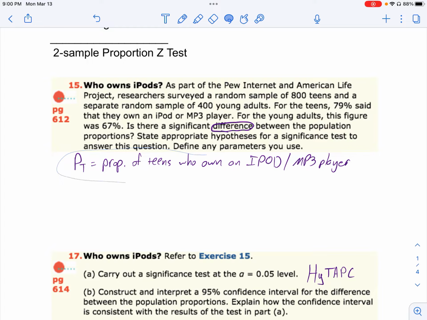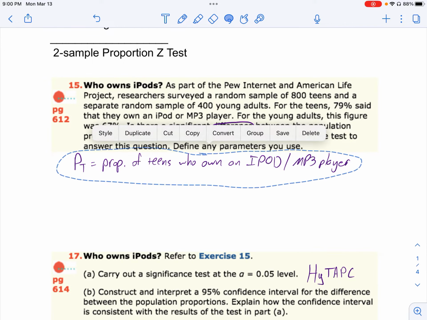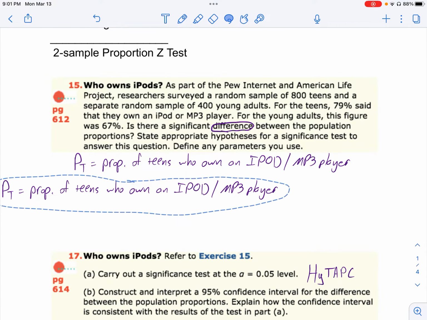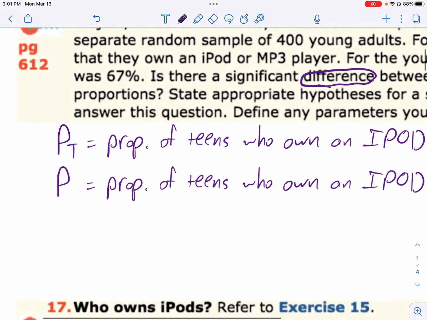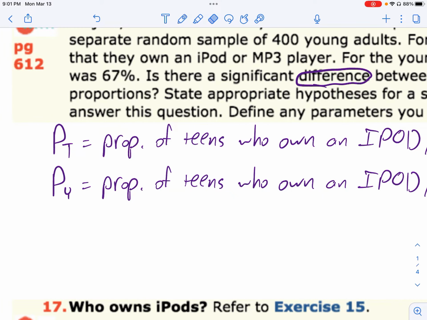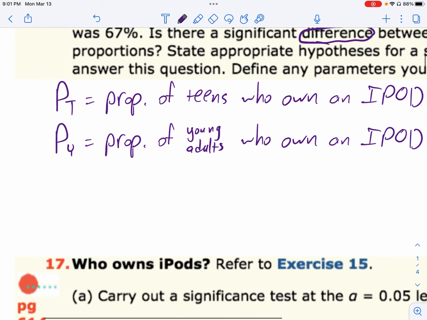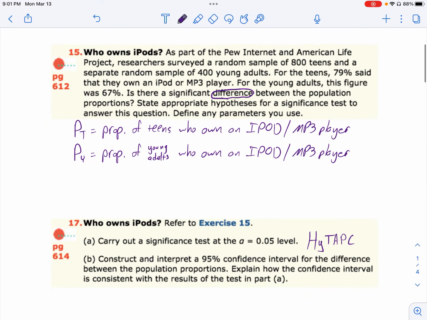Then I'll just copy this and paste it again and tweak it because the next one is pretty much the same thing. It's just going to be the proportion of young adults. So let's swap that subscript out for a Y and replace teens with young adults who own an iPod or an MP3 player. So those are the two.